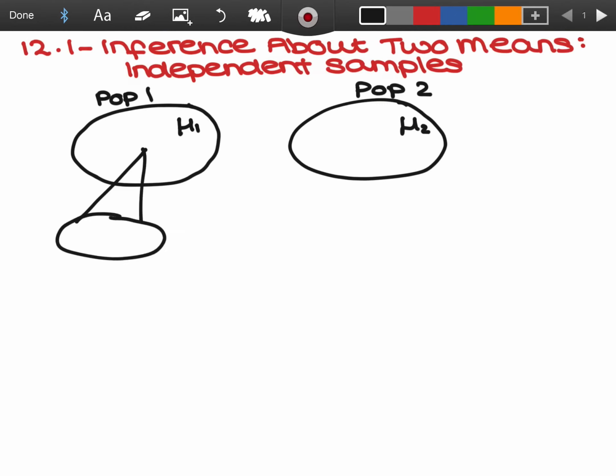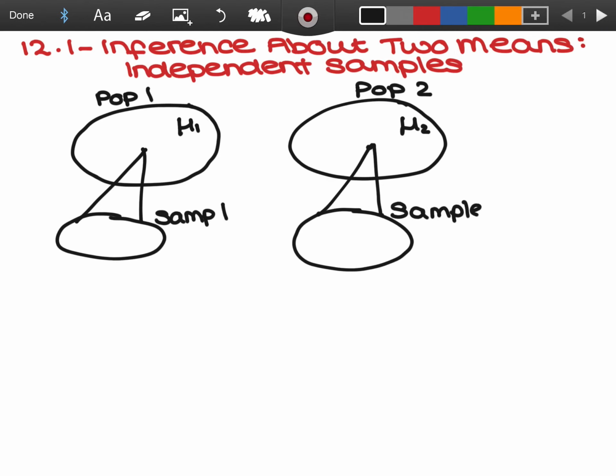This is going to be sample 1, and then we're going to take a sample out of this other population and call this sample 2. Sample 1 is going to have mean x1 bar and sample 2 is going to have mean x2 bar.